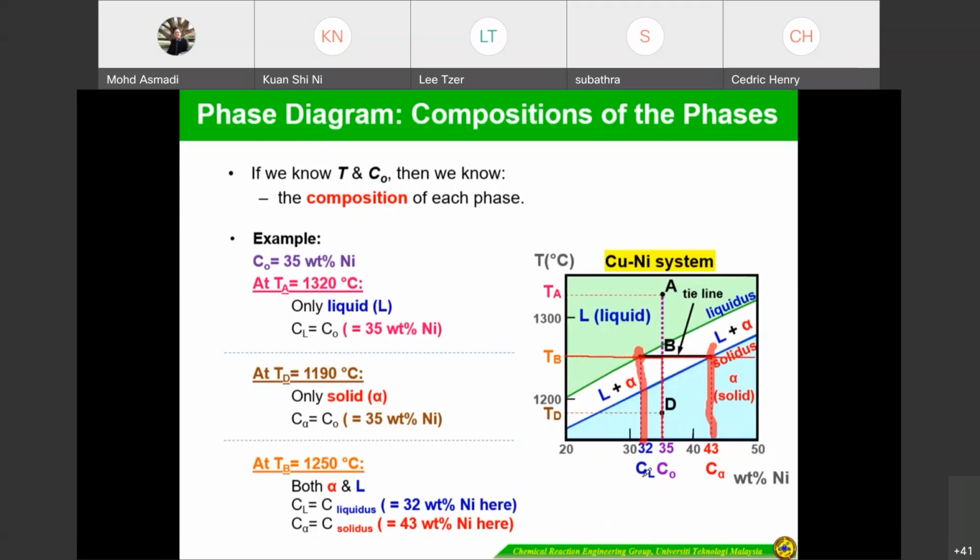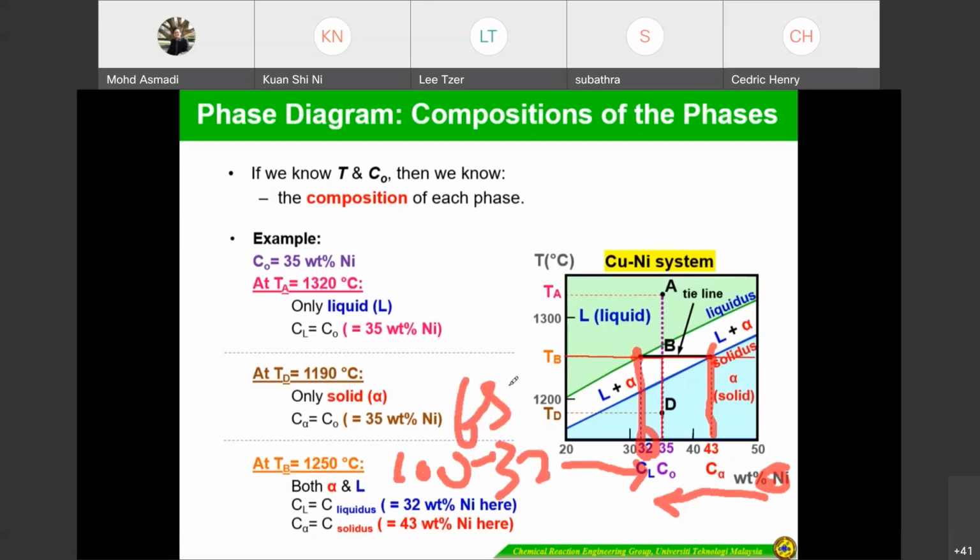So CL is about 32% nickel, weight percent from left to right, and the rest is 100% minus 32, so 68% is copper. Similarly for the solid, 43% is nickel from left to right. Easy, right, by using the lever rule.